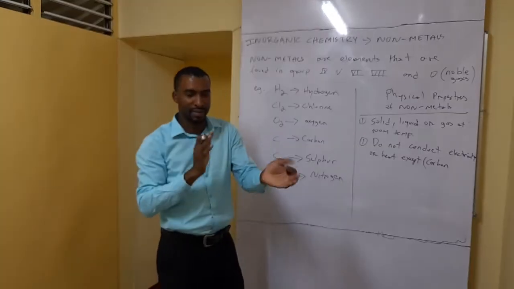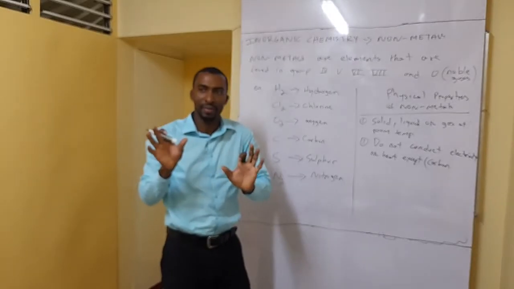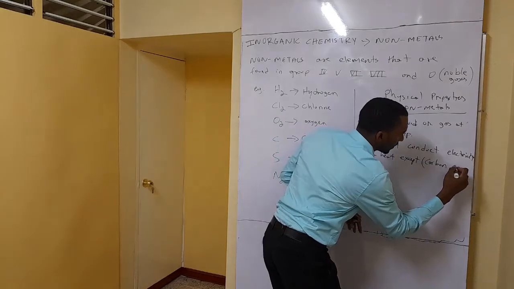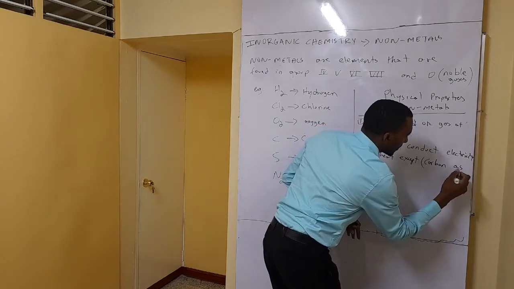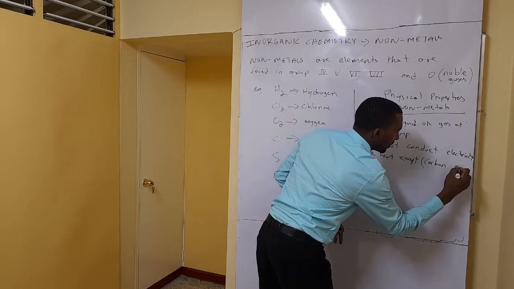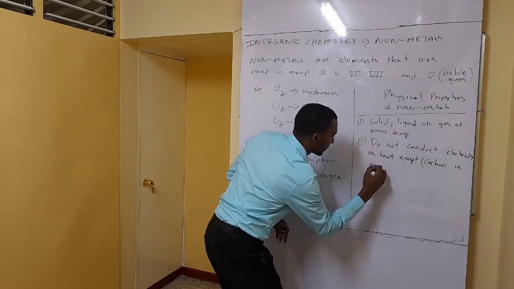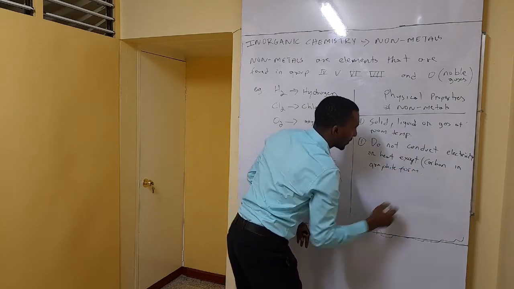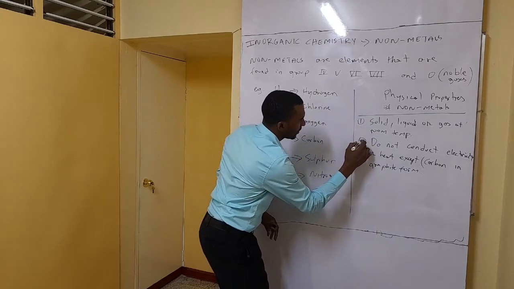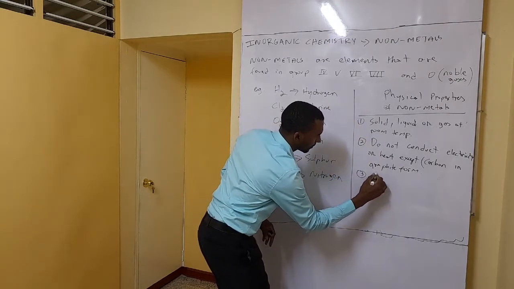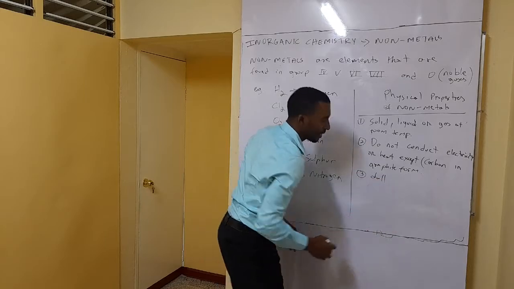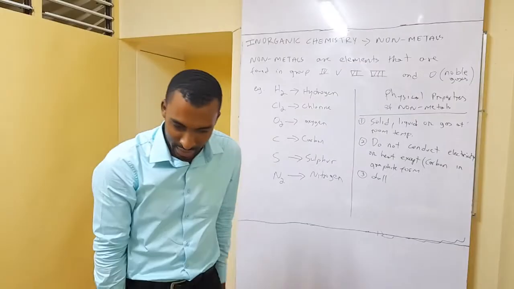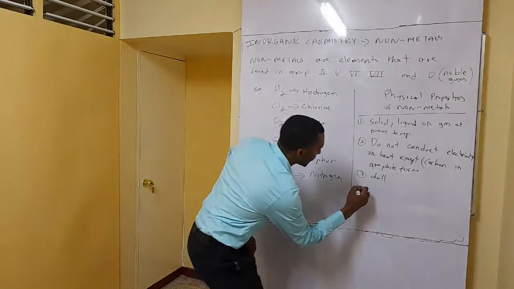Carbon, as I said before, exists as two different forms in nature, and it's only the graphite form that conducts. They tend to be dull, unlike the metals which are shiny. They have low melting and boiling points.